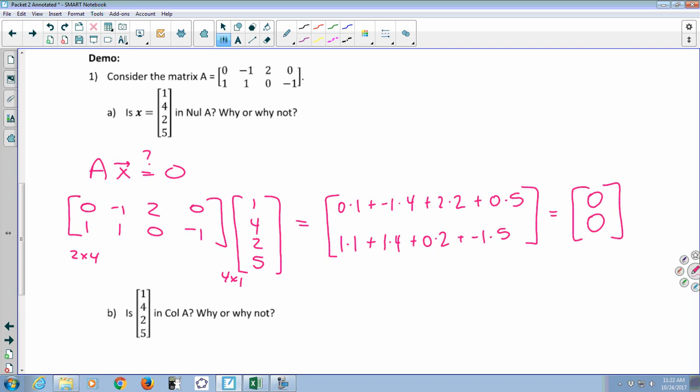So Ax does equal 0, which means that x is in the null space. We can call it the null space of A or Null A for short. Null is like a word for 0, right? So it's the set of all things that go to 0. Null space.